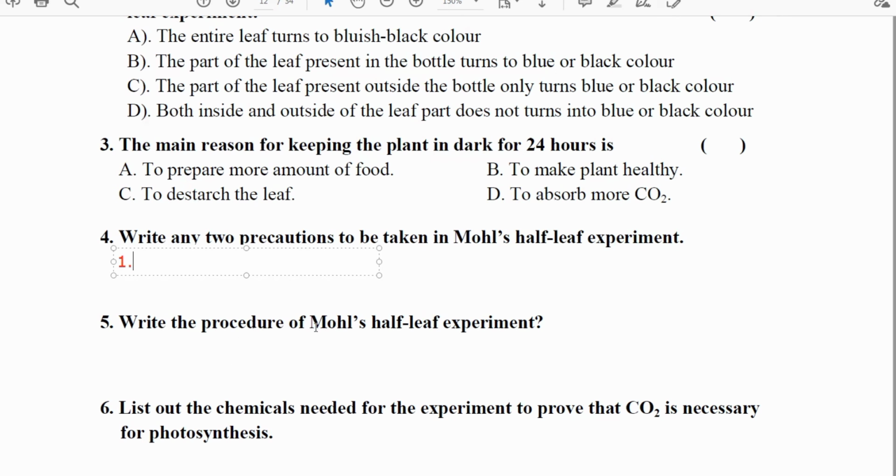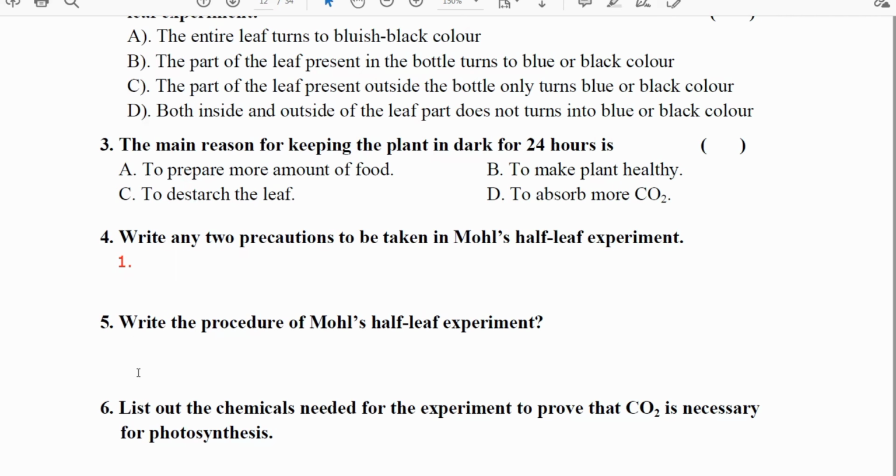Next, write the procedure of moles of leaf experiment. You can write it very simply. Take a healthy potted plant which has long and narrow leaves, and keep it in the dark room for 24 hours so that the leaves are free from starch. After 24 hours, take out the plant and select one of the long and narrow leaves, and take a wide mouthed glass bottle.